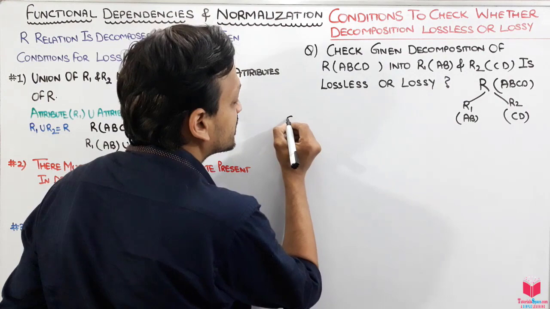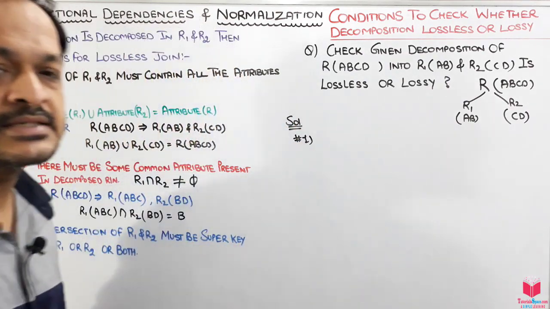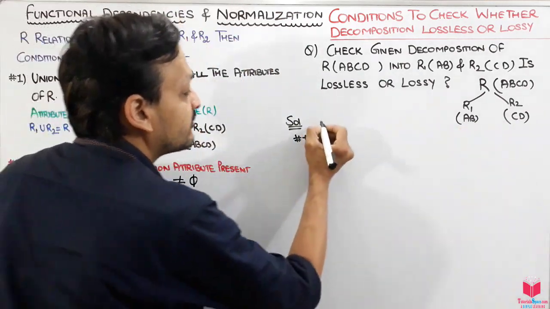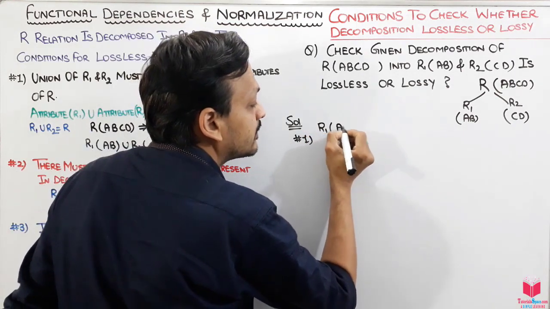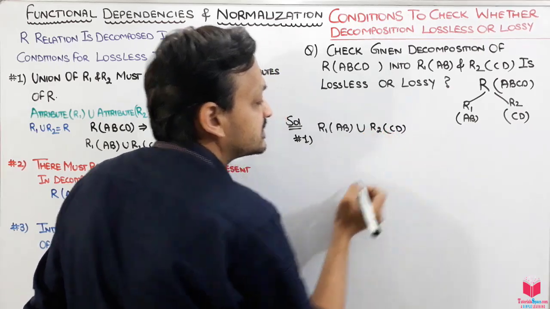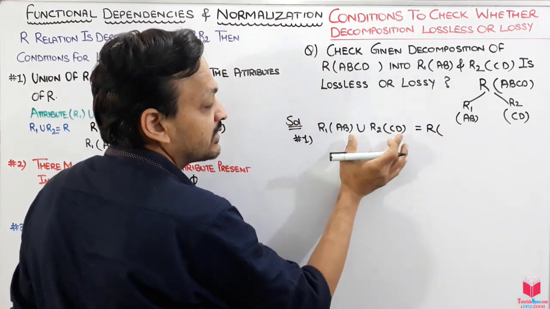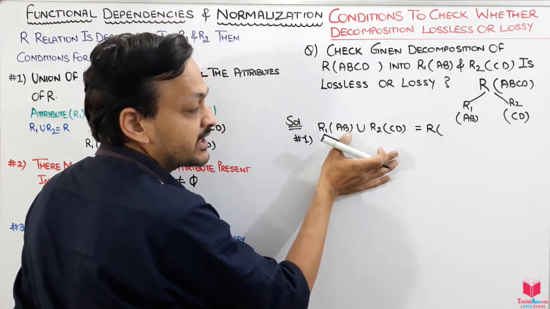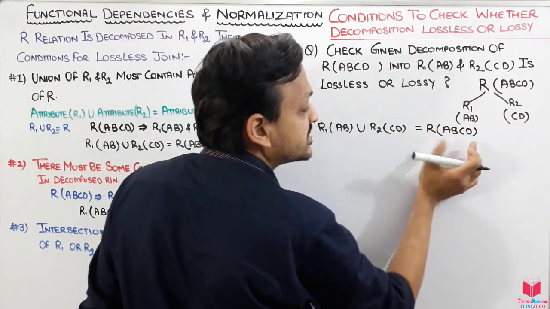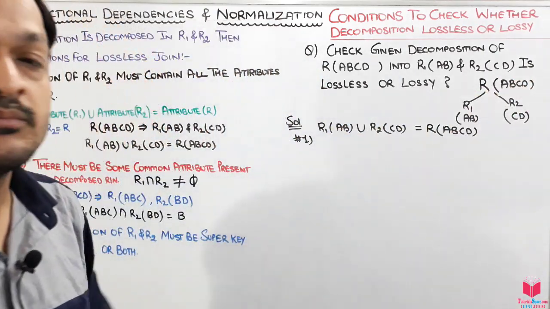So the solution comes like this. We apply the first condition here, that says we have to take the union of the decomposed relations. That is, we will take the union of R1 with AB and R2 with CD. After that, what will we get? A relation with the attributes AB then CD, which is the same relation from which R1 and R2 were decomposed.